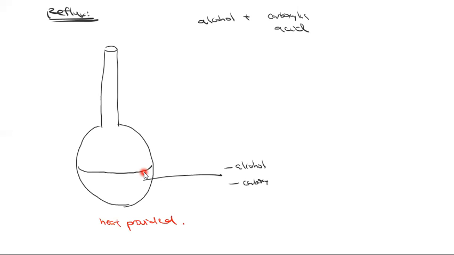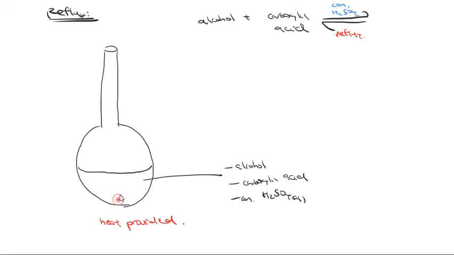Now, as we said, this is an equilibrium reaction, which means you want to heat it up to help it along. And one way to help it along is to add in concentrated sulfuric acid as a catalyst. And we perform this under reflux.